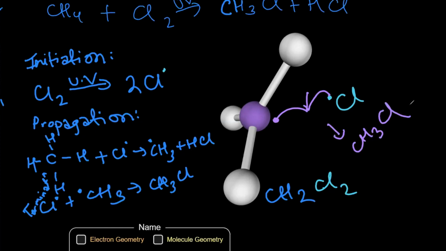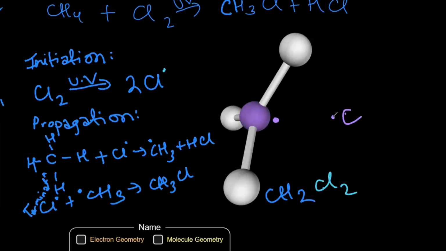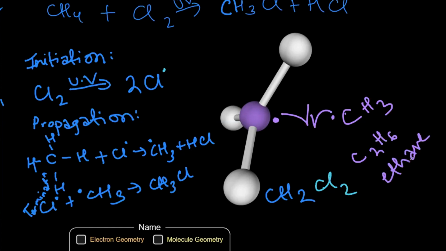So we have a monosubstituted alkane. This CH3 free radical can also react with another CH3 free radical, bond together, and then we can get C2H6, which is ethane. So from methane we can form ethane. This is also one of the termination reaction products.